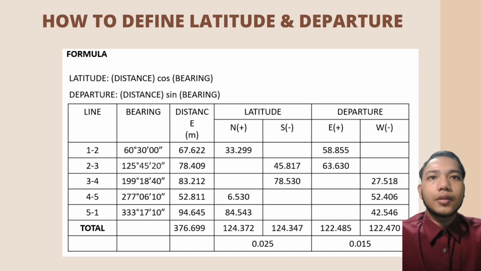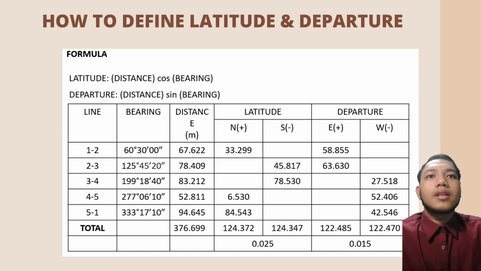So when we got the totals, we take the total positive latitude minus the total negative latitude. Here we have 124.372, which is the positive latitude, and we minus the negative latitude 124.347, and we got 0.025.